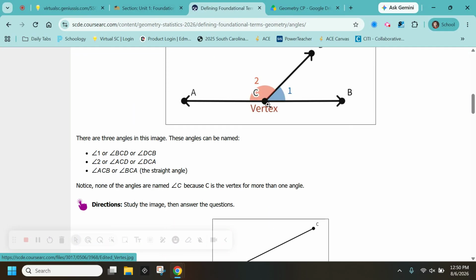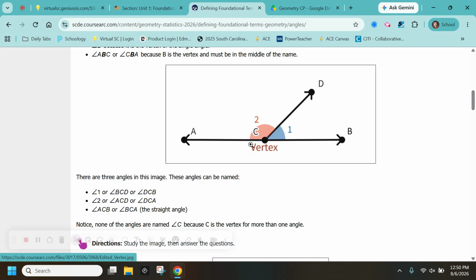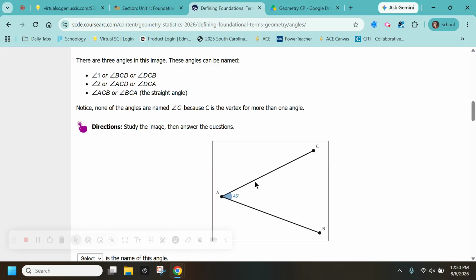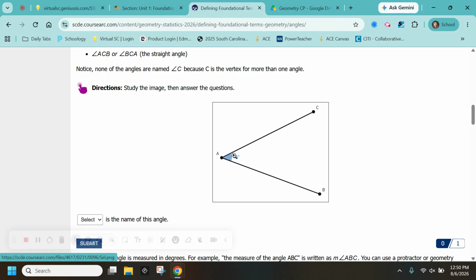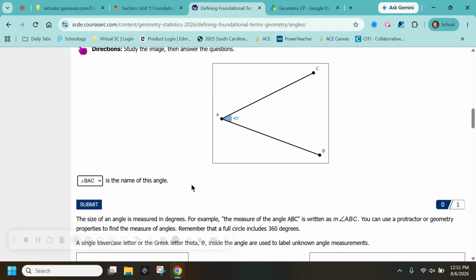Here we have 2 angles that share the same vertex, so we can either use a number or the 3 letters: ACD, BCD, or angles 1 and 2. For this angle here, it's 45 degrees, so that's not the name of the angle, but we can say angle CAB or BAC.